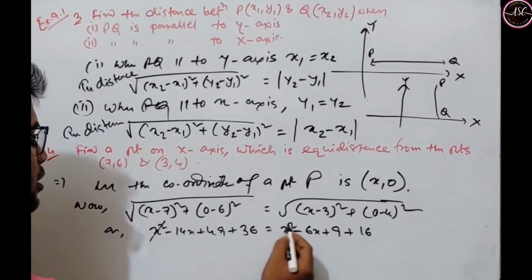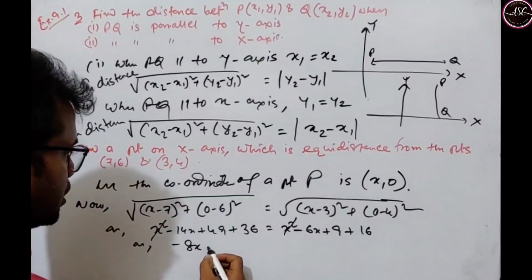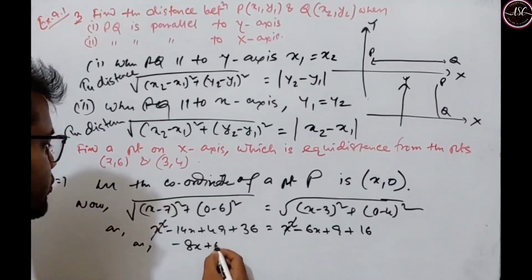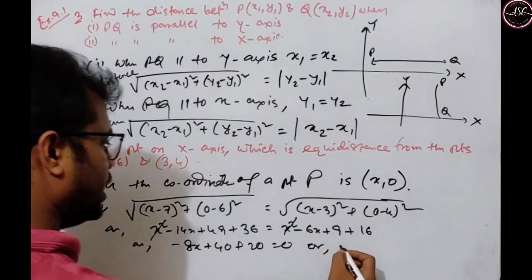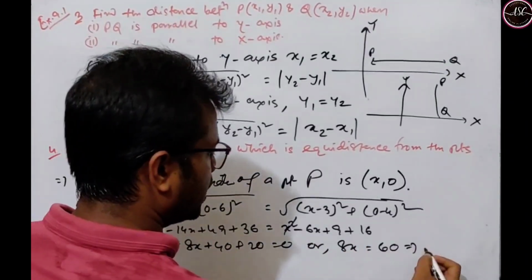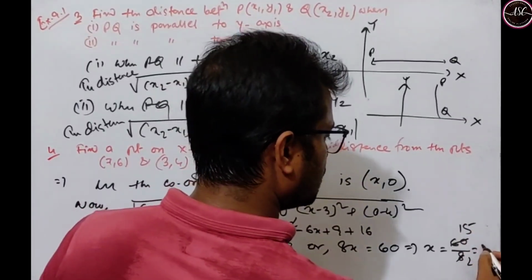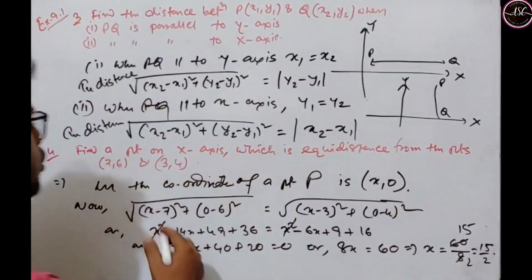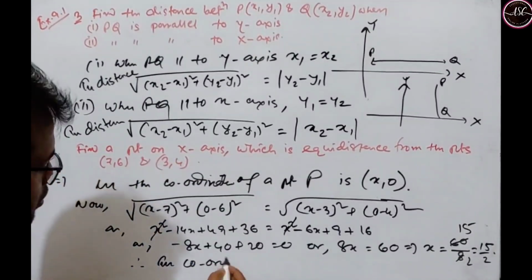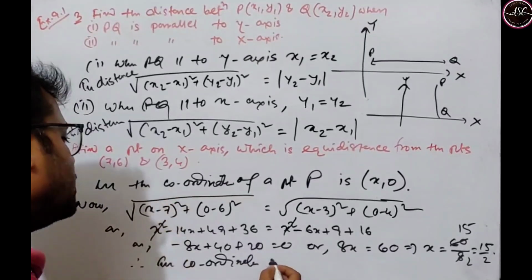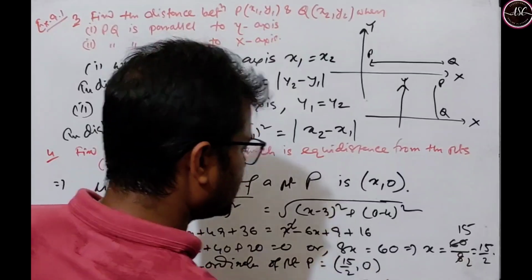So x square will be cancelled out, and this will be minus 8x plus 40 plus 20 equal to 0, or 8x equal to 60, so x equal to 60 by 8, that means 15 by 2. So the coordinate of the point P is 15 by 2, 0. That will be your answer.